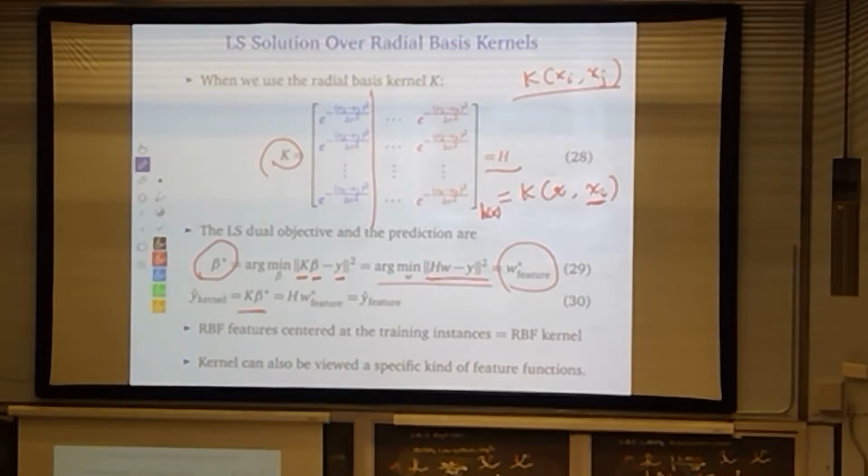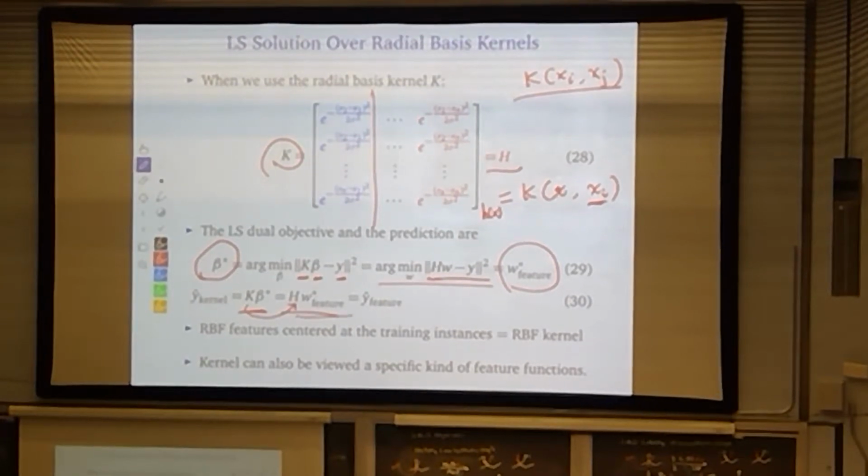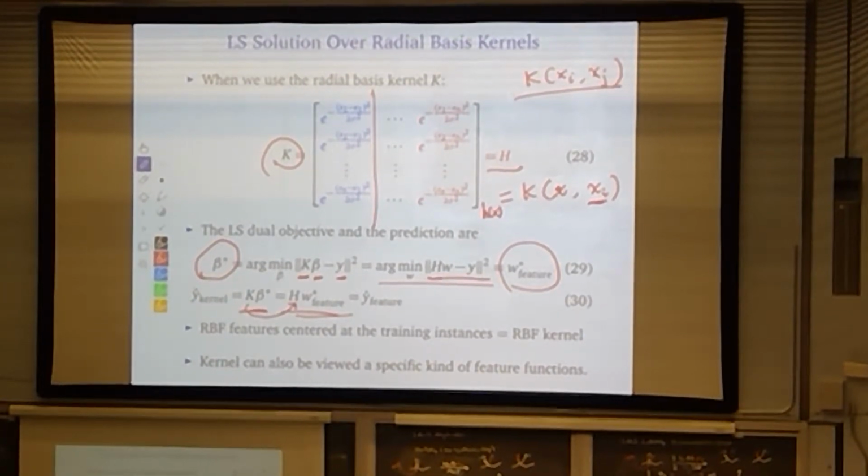And the prediction is this, which, since K equals H, is also identical. So the theory checked out, just like what we observed from the experiments. So an RBF feature centered at the training instance is equivalent to an RBF kernel.